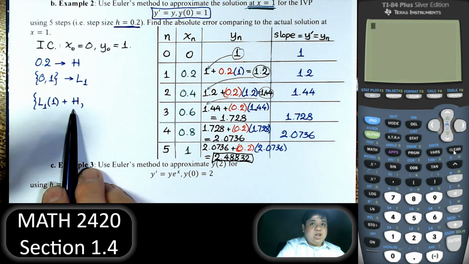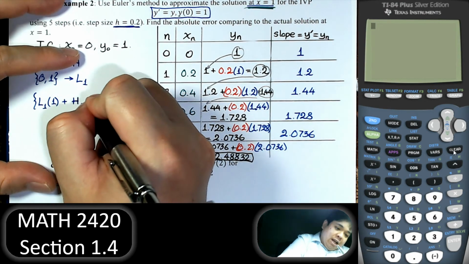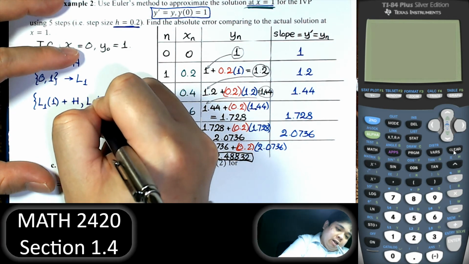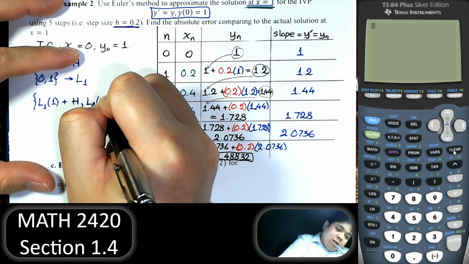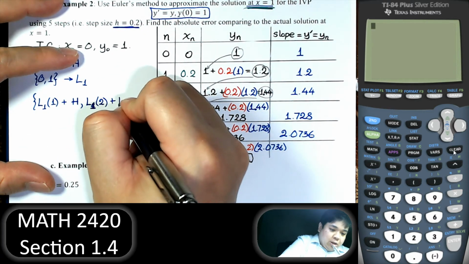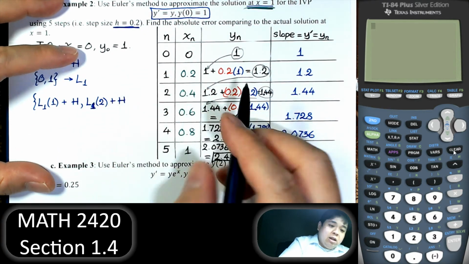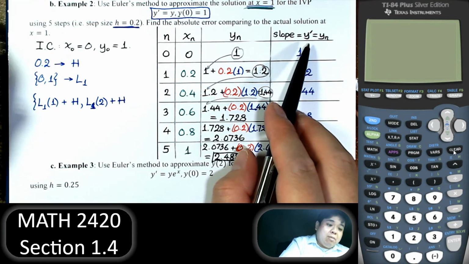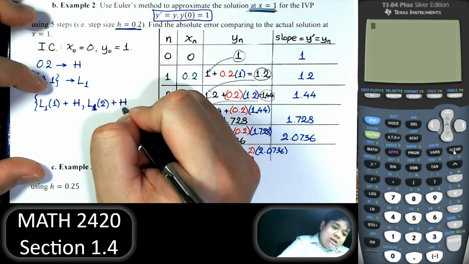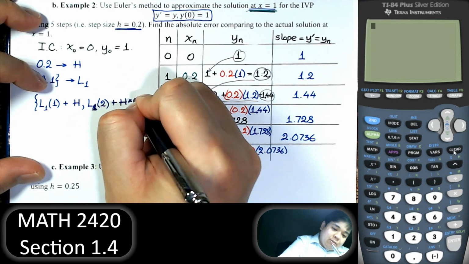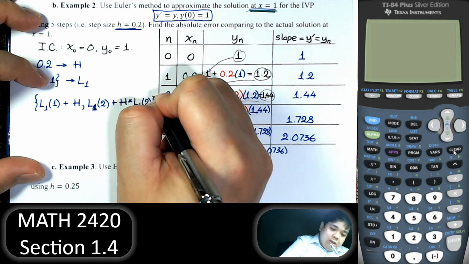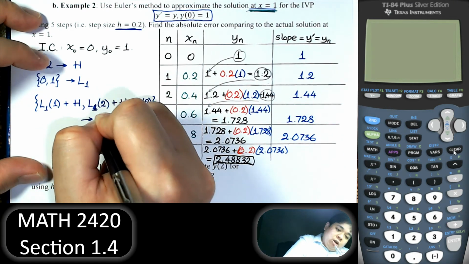When we store back into L1, we update it. And then the second component, L1 of 2, plus h times the slope, but the slope happens to be just the y value, so that's times L1 of 2. And we store this into L1.